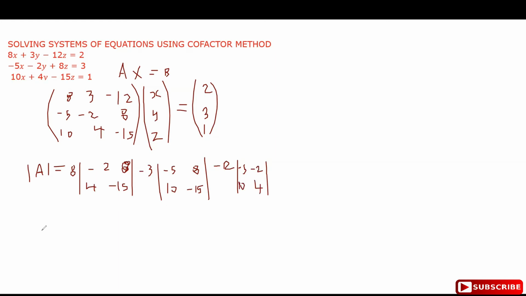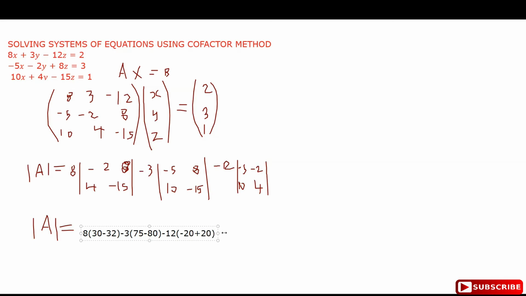And so the determinant of A works out to be 8 times in bracket, minus 2 times minus 15 is 30, minus 8 times 4 is 32, minus 3 times in bracket, minus 5 times minus 15 is 75, minus 80, close that bracket, minus 12 times minus 20 plus 20.